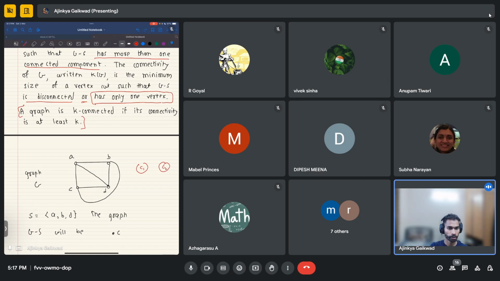But the problem is that there are some graphs, for example, complete graph, where no matter how many vertices I delete, you cannot get two connected components, right? So if you look at this graph, it contains four vertices A, B, C, and D, right? No matter how many vertices you remove, no matter which vertices you remove, there is no way the graph will be left with two connected components, right?